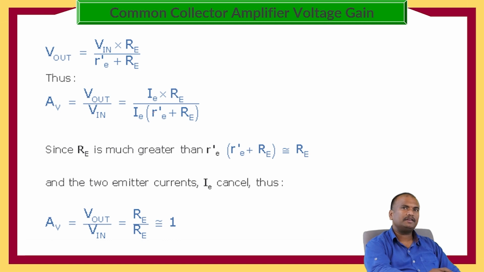IE will get cancelled. RE is much greater than re dash, that is leakage resistance. So it is approximately equal to RE. AV is equal to V output by V input, which is approximately 1.